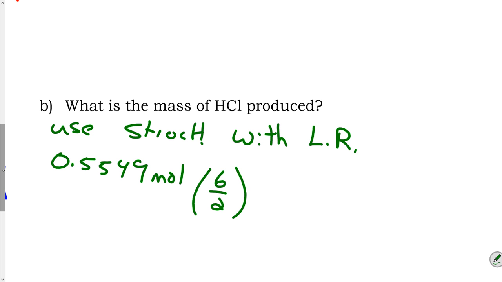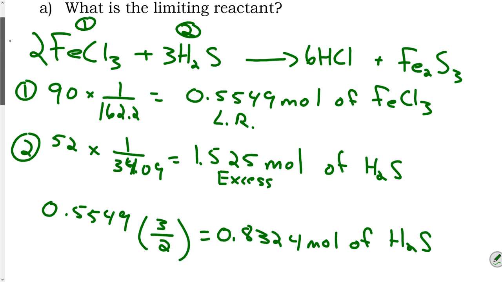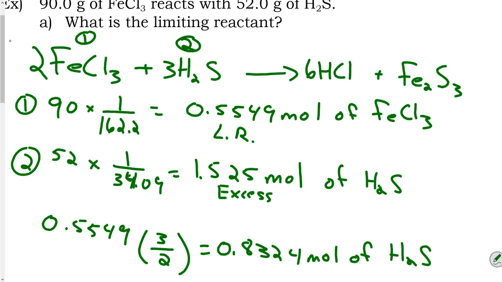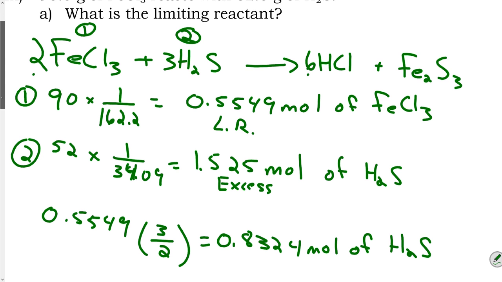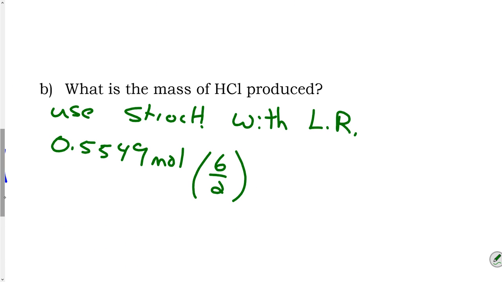I'm going to times that by my ratio. What I want is HCl, right? So 6 over, look up here. That's not 6 over that number. What did it equal? 36.46.